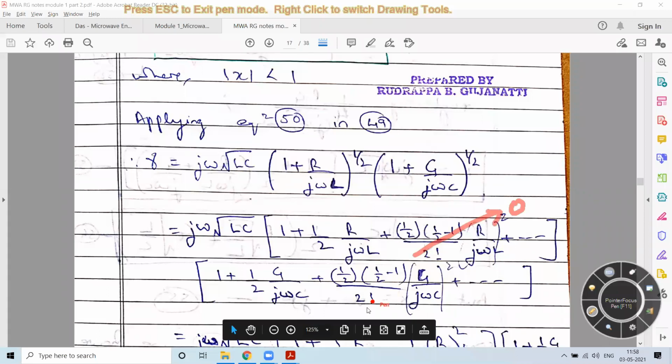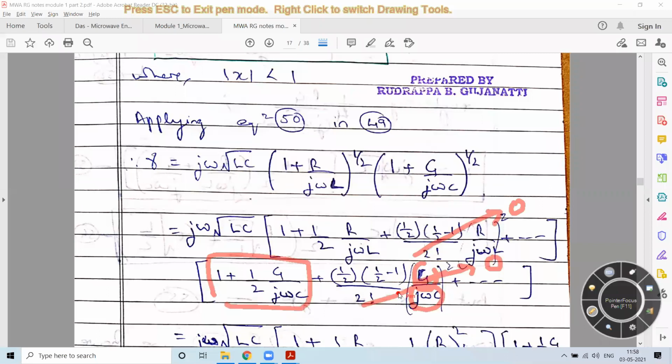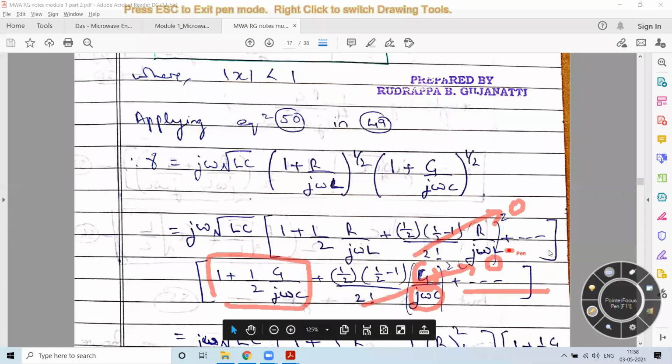Similarly, for this case also, these parameters tend to 0 because omega C is greater than g. We are just retaining the first two parameters, and for the other parameters, it is omega square C square, which is still much greater than this g square value. So we assume this value keeps on tending towards 0, and therefore the other parameters also tend towards 0.